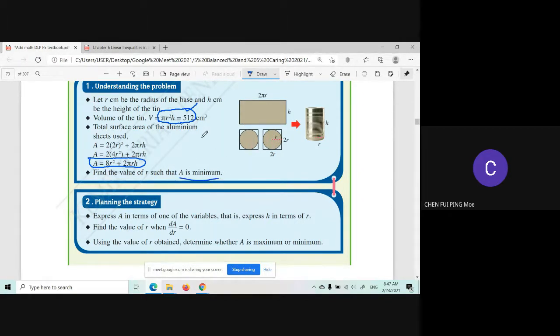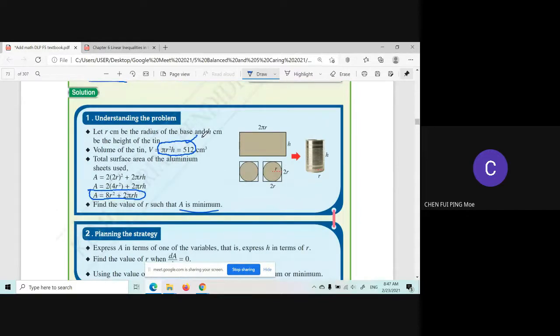Remember, every time you solve a maximum or minimum problem in differentiation, at first you need to see what they want you to make maximum or minimum. If the question says total surface area minimum, then you need to form the equation for total surface area. If the question talks about volume maximum, then you need to form the equation for volume. Clear? So now it is about total surface area.